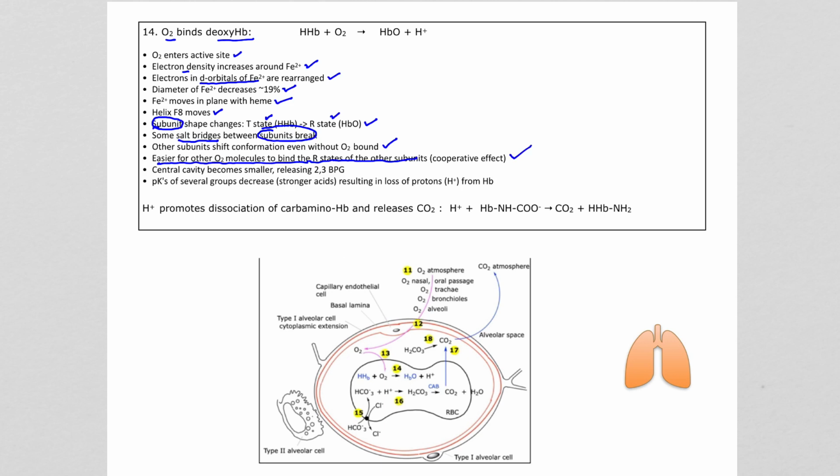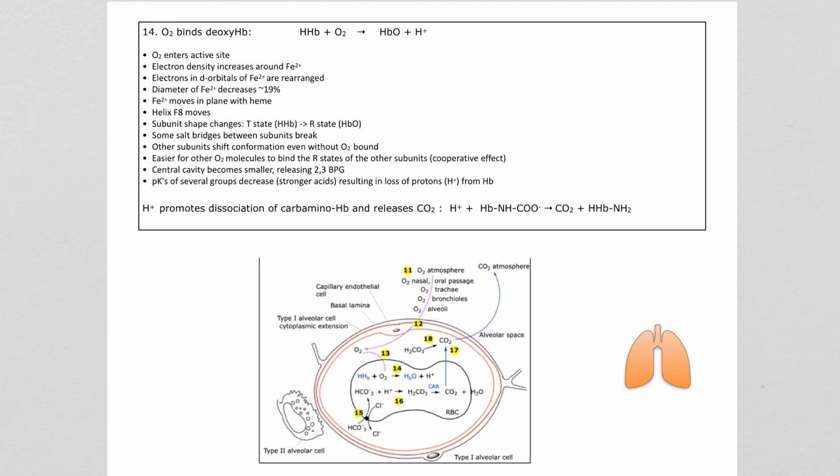Another thing that happens is the central cavity becomes smaller when oxygen binds hemoglobin. And because now the cavity is too small, 2,3-BPG is removed from the hemoglobin.